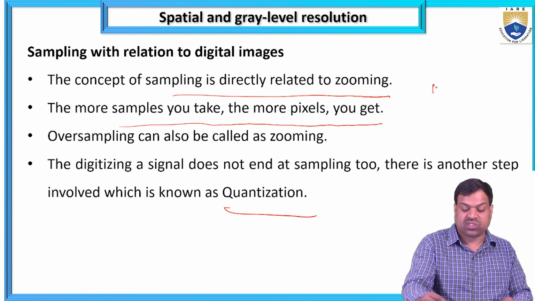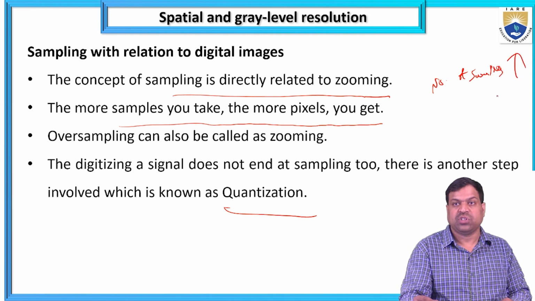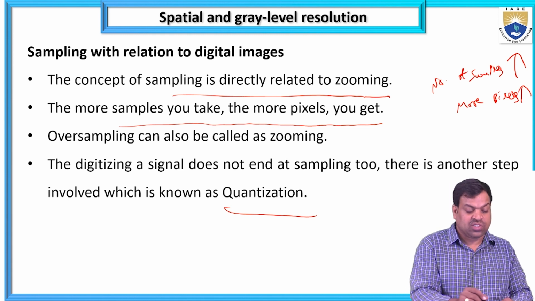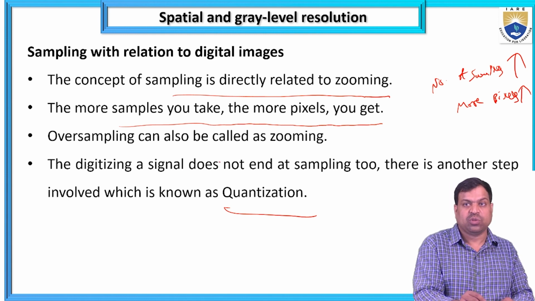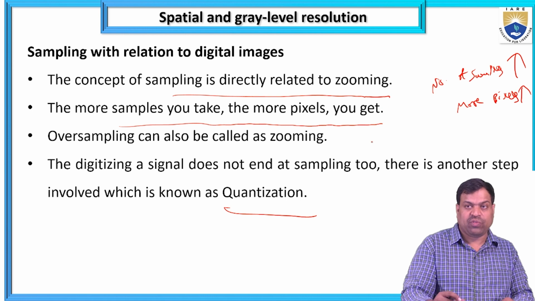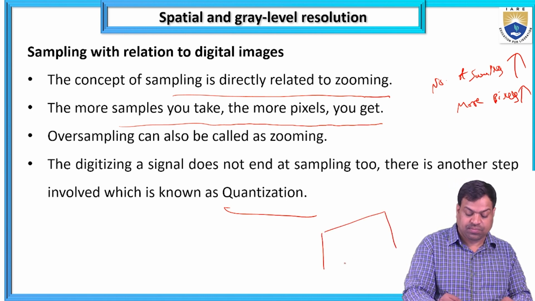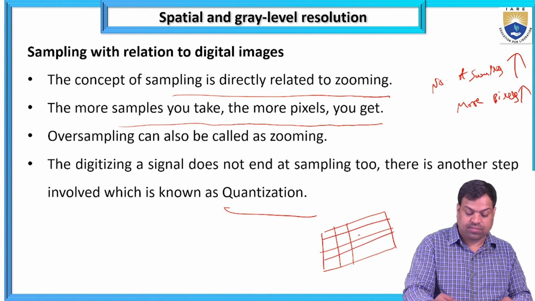As the number of samples increases, the number of pixels also increases. So oversampling can also be called zooming. When applying zoom, suppose I have an image.